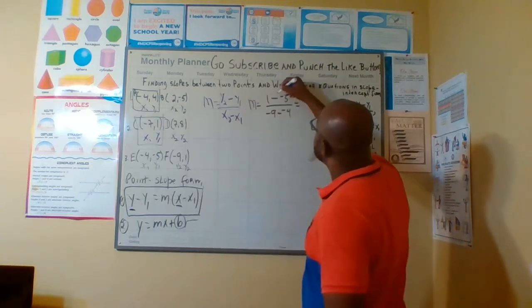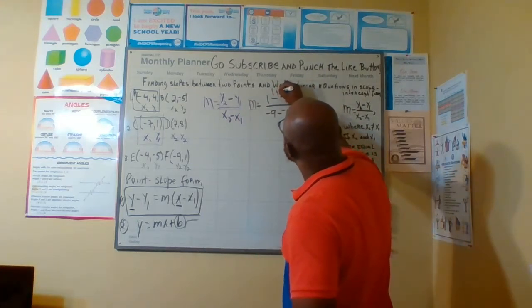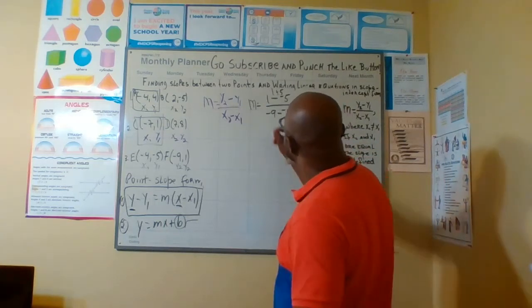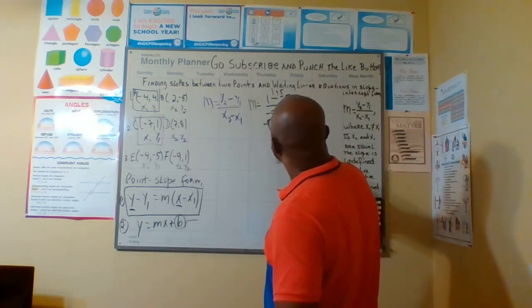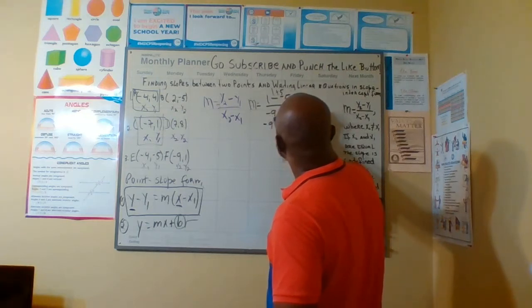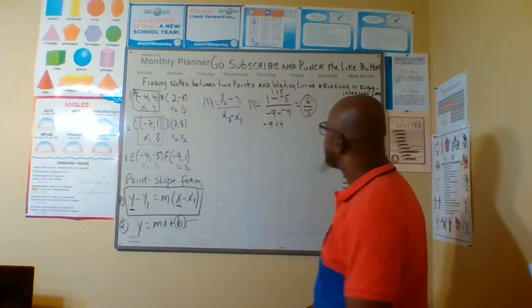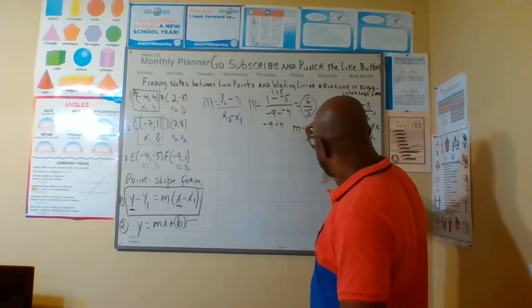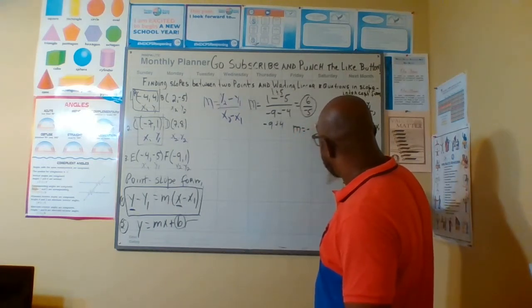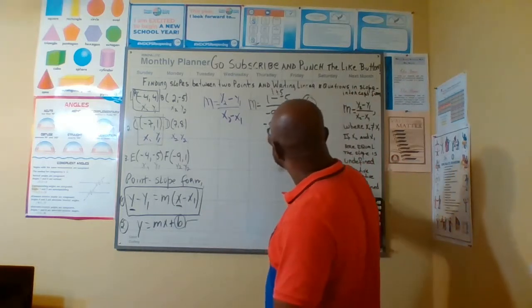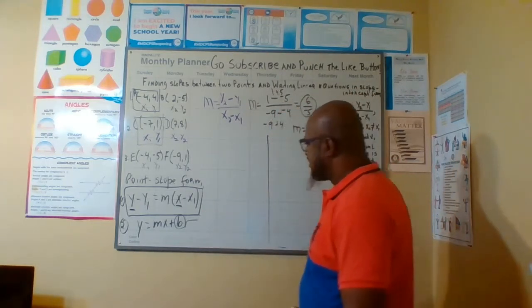Right? My numerator is going to become 1 plus 5. The last time I checked, 1 plus 5 is 6. So here you will have -9 plus 4, it is -5. So this is my slope, right? My slope is -6/5.